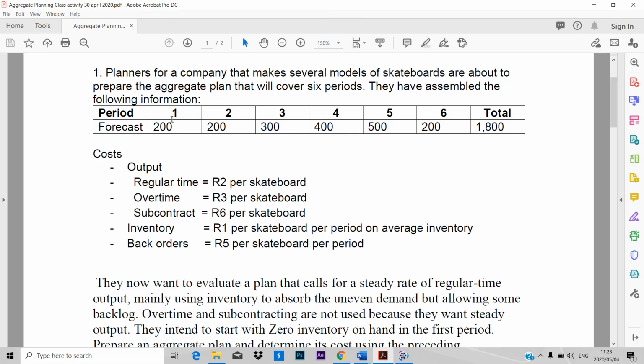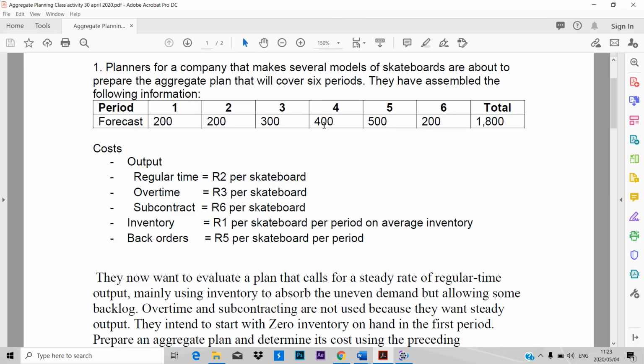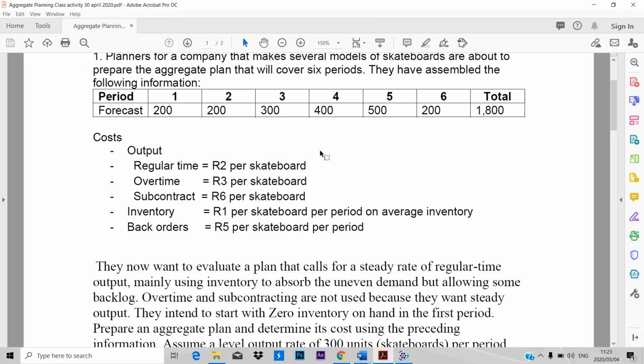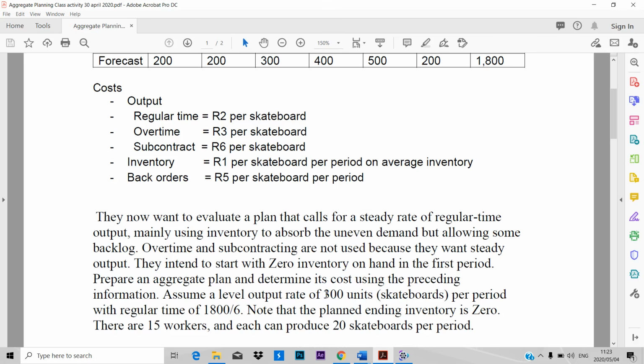These are the number of skateboards that they forecasted, and then they are using a level strategy, which says that we produce the same number of units no matter the period. So in period 1 we produce 300, which is the level output.